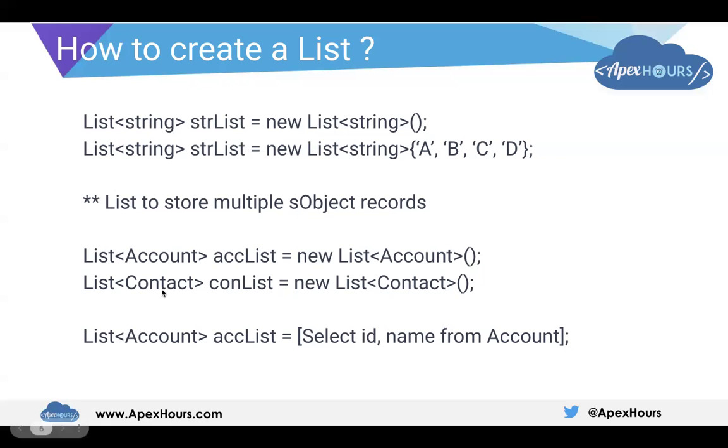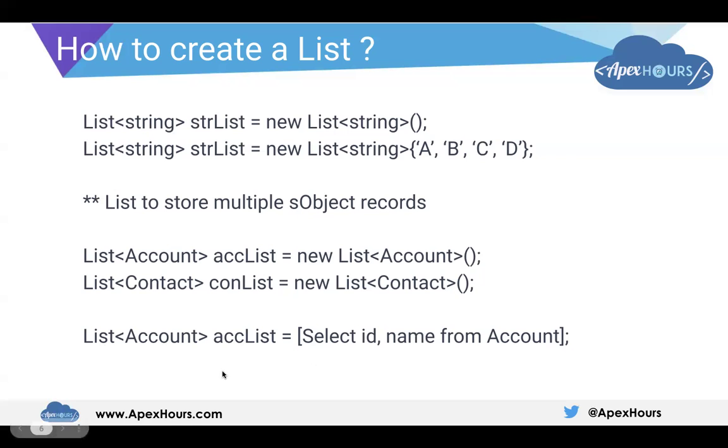Then, if you want to create a list which can hold the contact record, you can do it like this: list of contact con list equals new list of contact, where con list is again the name of the list. Correct.